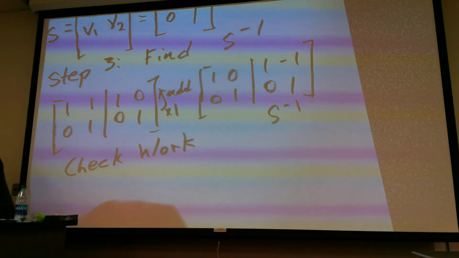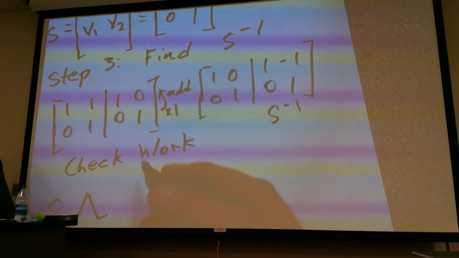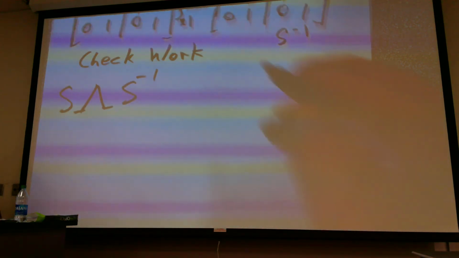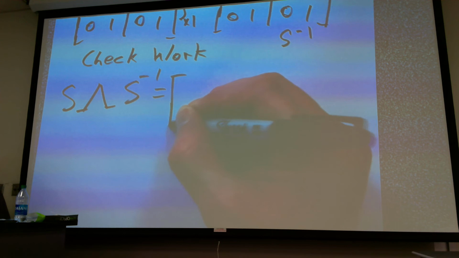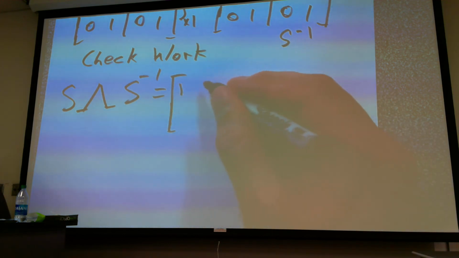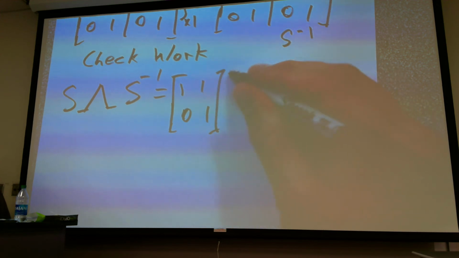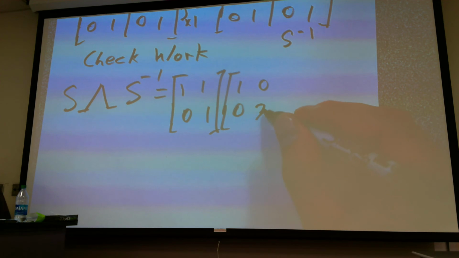Okay, so we're going to look at S, D, S inverse. That would be 1, 1, 0, 1, acting on 1, 0, 0, 3, and then acting upon 1, negative 1, 0, and 1.